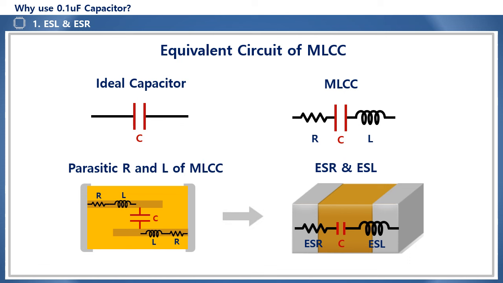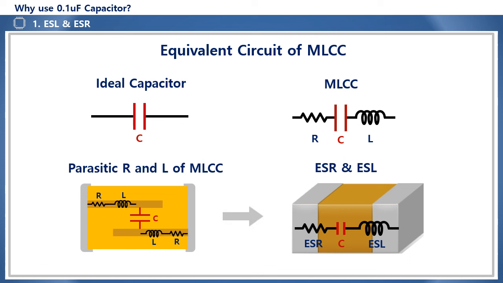In this way, all conductors have small resistance and inductance components that are very small but correspond to parasitic elements. That is, since the internal electrodes laminated between ceramic dielectrics are conductors, there is a parasitic resistance R and a parasitic inductor L in one MLCC. These parasitic elements R and L have a parallel structure equal to the number of laminates.